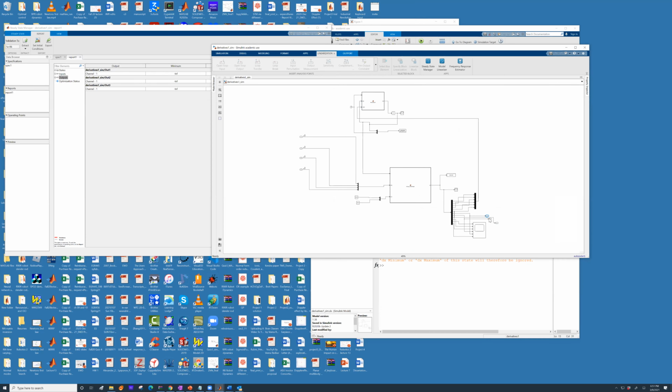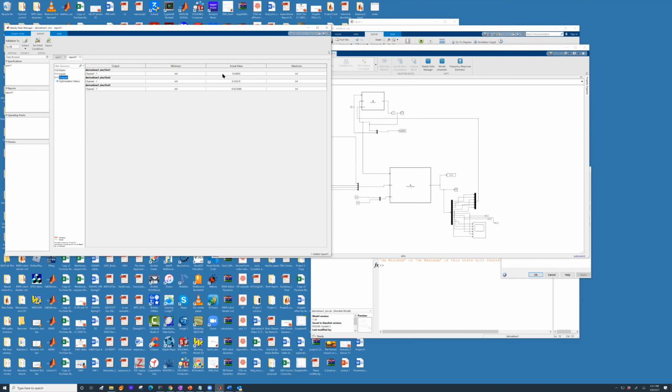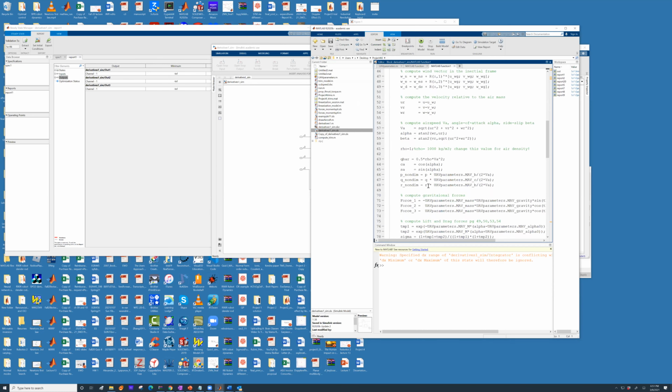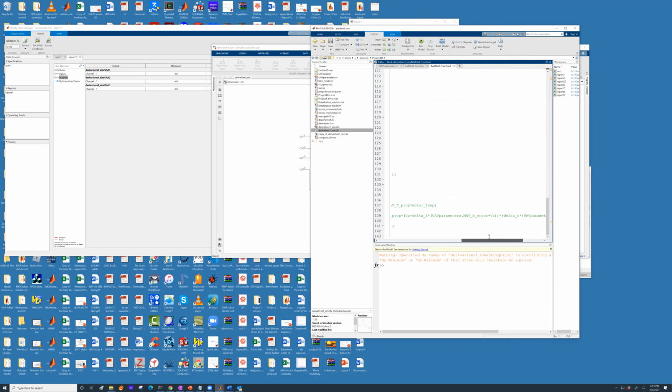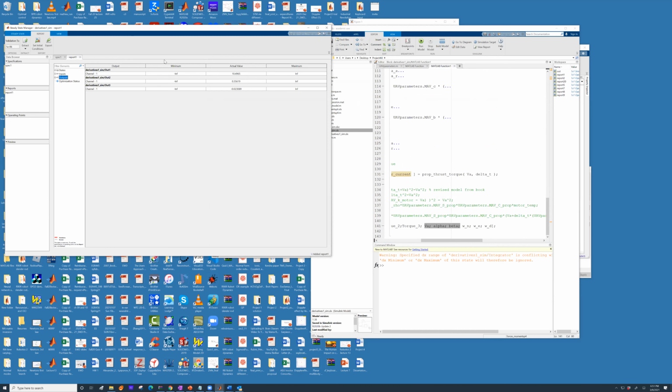So 1 is about 10, VA. If you want to see what those are, go back here and observe VA, alpha, and beta are my outputs. My VA is about 10.4. My alpha, the angle of attack, is about 0.3. And my beta, the side slip angle, is about 0.